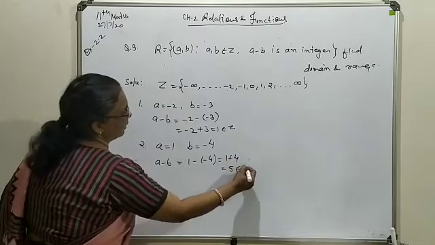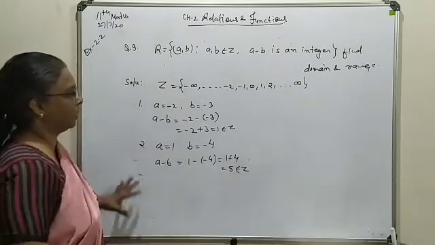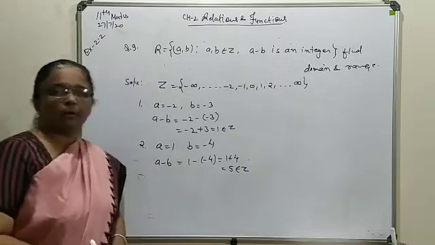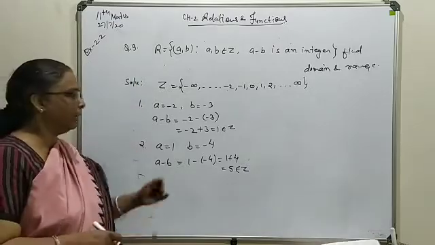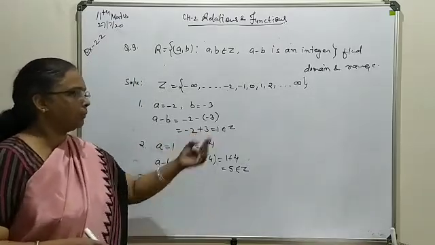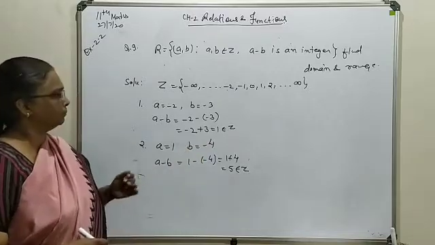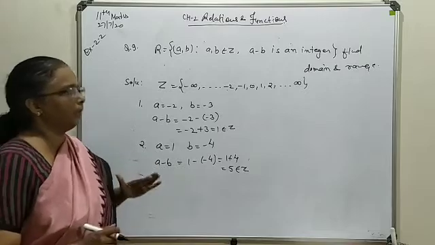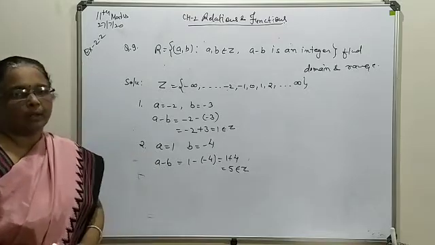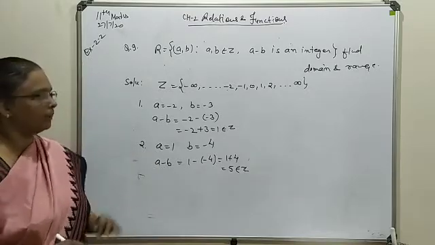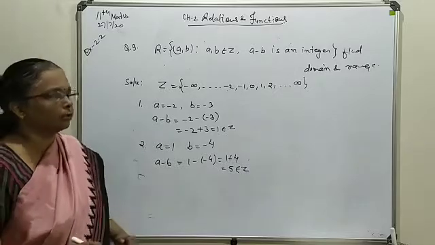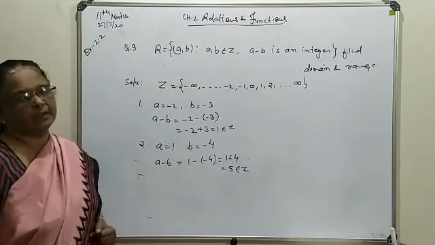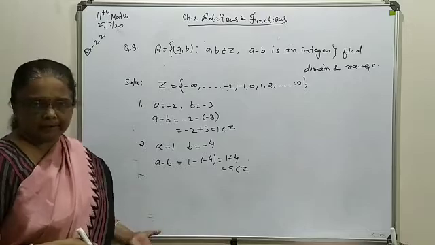This 5 also belongs to Z. So you can see for all the combinations of values a and b, you are again generating an integer. So for any combination the answer will be an integer only, which means your domain is Z itself.